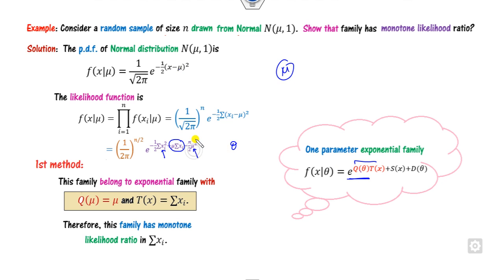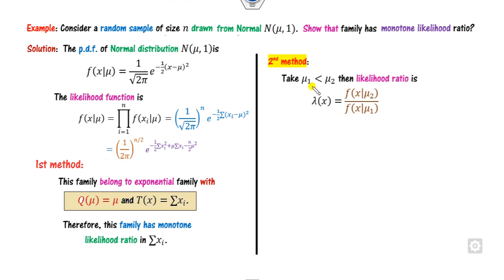So this is totally a parameter of mu, that is the d of theta. This is totally a function of x, so this is s of x. So you can see q is mu, t of x is summation of x, and q is increasing. Why? Because we consider that mu1 is less than mu2. So it means it has a monotone likelihood ratio.